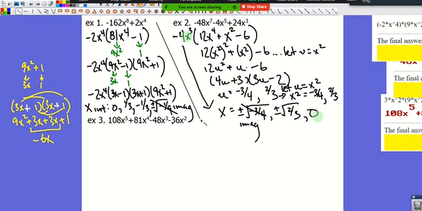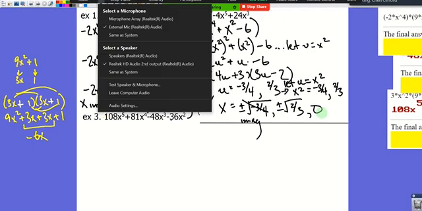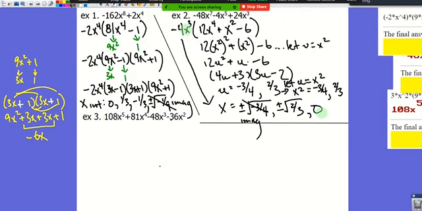Let me show you guys example 3. Now, again, let's do a GCF here. I'm going to do a GCF of 3x squared. Oh, geez, man. It's too early in the morning for me to do this in my head.